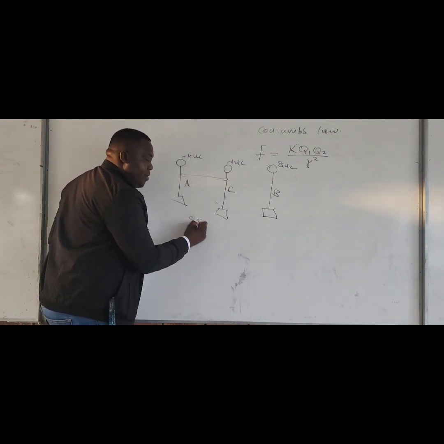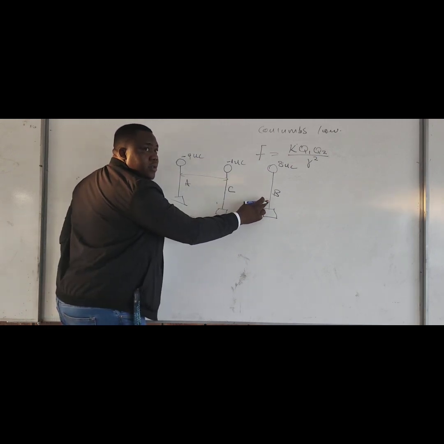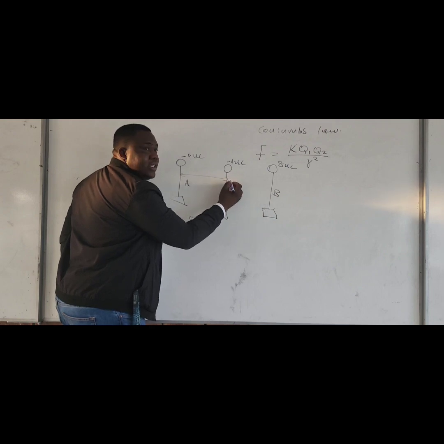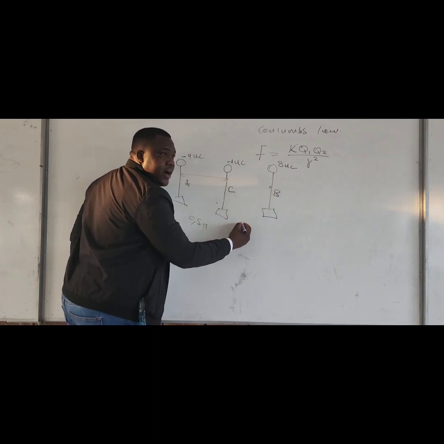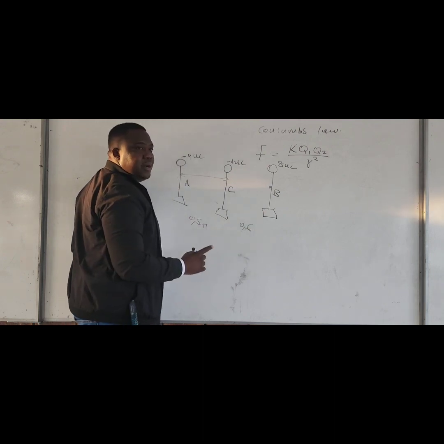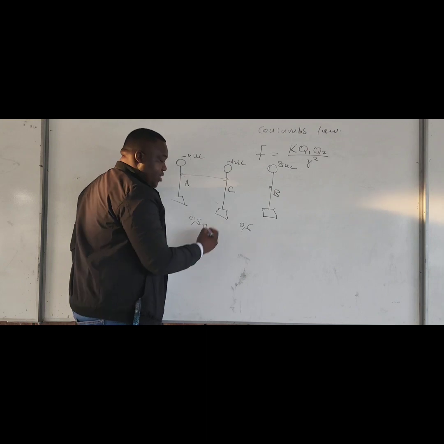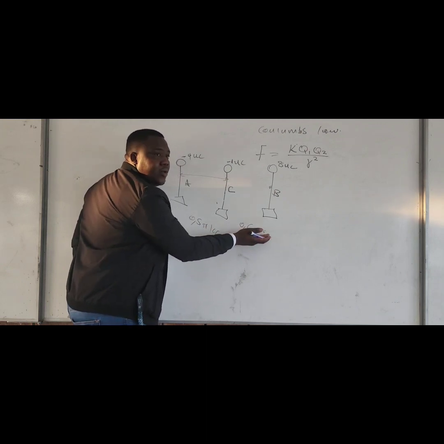Let's say you get 0.5. Then you come here and calculate the electrostatic force between C and B. You get the answer 0.6. I'm giving you an example, right? You find that this one is to the left and this one is to the right, or both of them are going in the left direction.